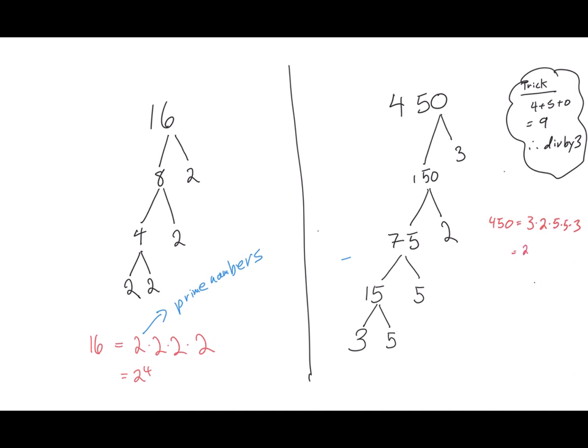Let's put all the 2's together. There's two 3's here, so it's 3 squared times 5 squared. Okay, so what this shows us is that these numbers are products of primes. Prime numbers.